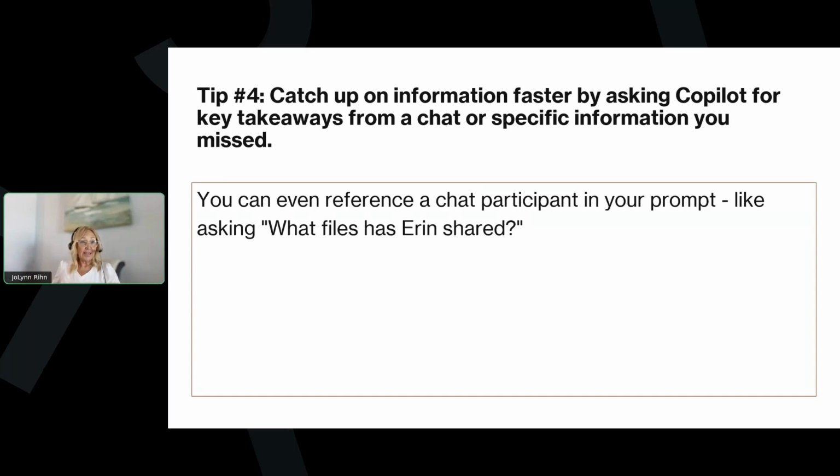So if I have a chat and we have that shared tab in a chat, which I'll demonstrate how that can work here in just a moment, you're going to actually be able to say, was there something that was shared and I could have missed it? Because there can be a lot of chatting going on, especially when you have group chats with multiple people. You might have missed something, and Copilot can help you to recover that information that you have missed.